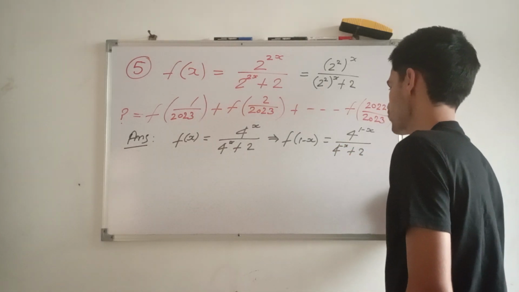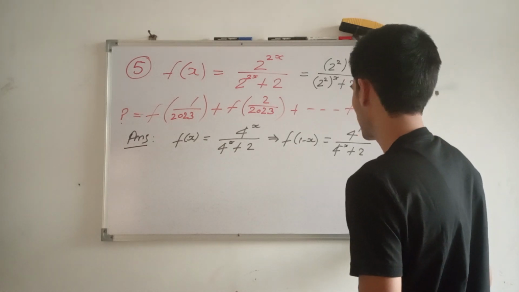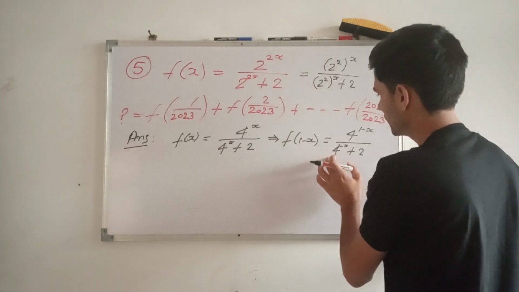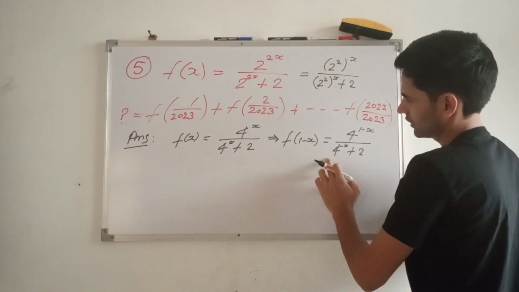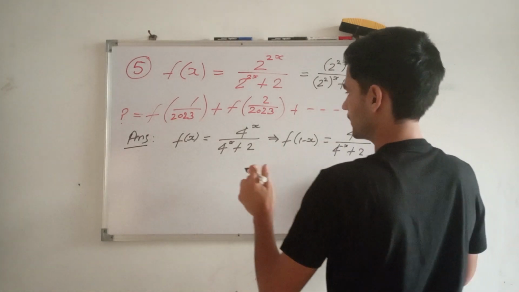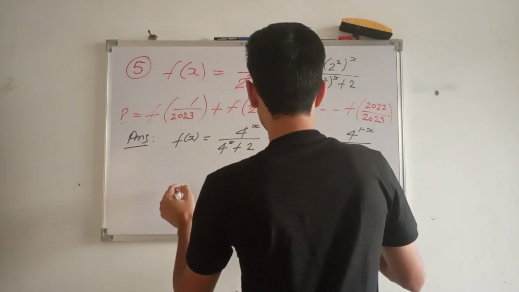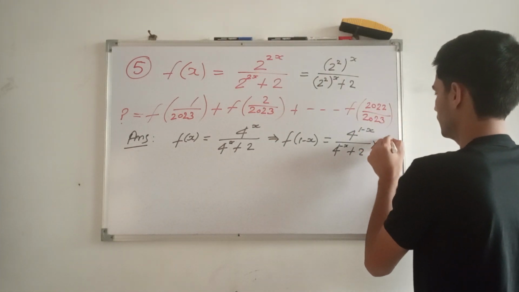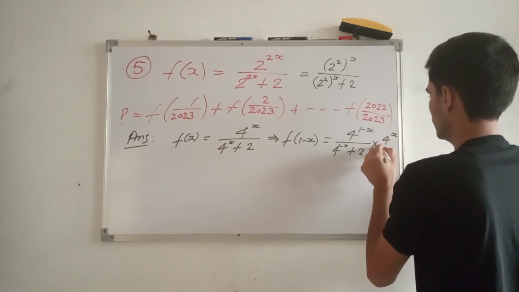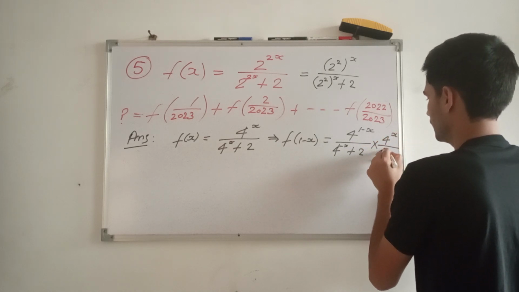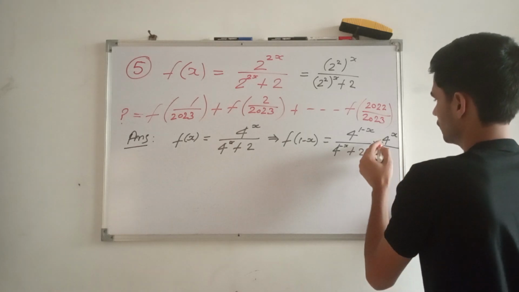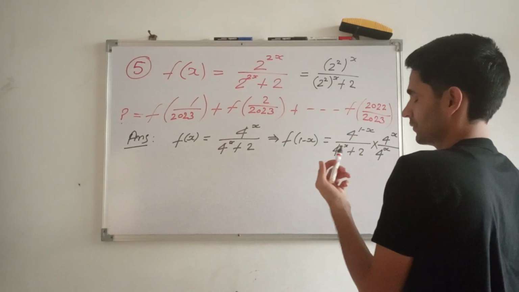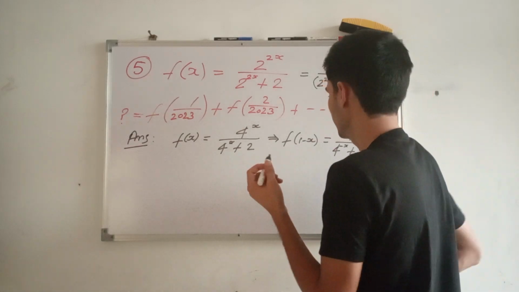Now if you multiply by 4 to the power x in both the denominator and numerator of this term, f(1 minus x), what will we get? I'm doing it directly here. 4 to the power x upon 4 to the power x. When it gets multiplied with this, in multiplication powers get added.